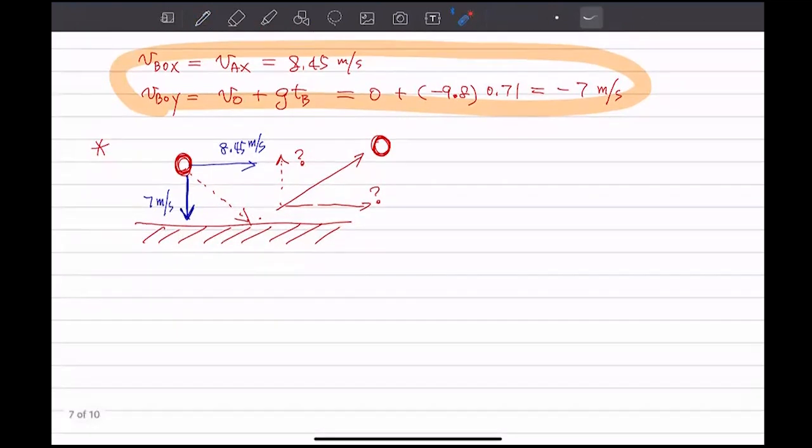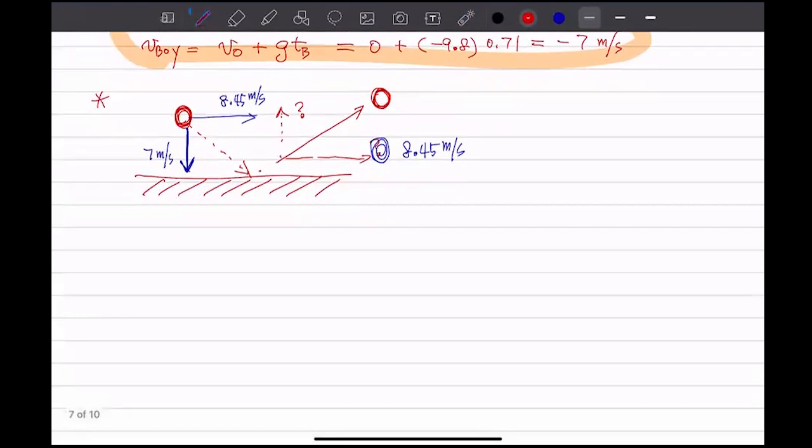So one thing that is very obvious in this case is this velocity is preserved. So this guy on the horizontal direction is going to be 8.45 meter per second without any change. So all we need to find is the velocity on the vertical direction when it rebounds. That one can be obtained by using the coefficient of restitution.